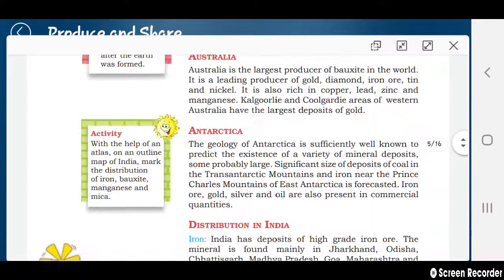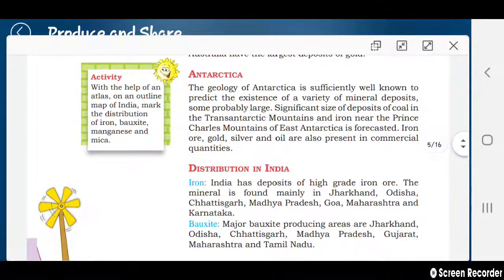Now, next Antarctica. The geology of Antarctica is sufficiently well known to predict the existence of a variety of minerals, some probably large. Significant deposits of gold can be found in the Transantarctic Mountains, and iron near the Prince Charles Mountains in East Antarctica.